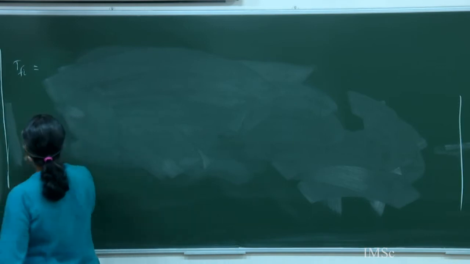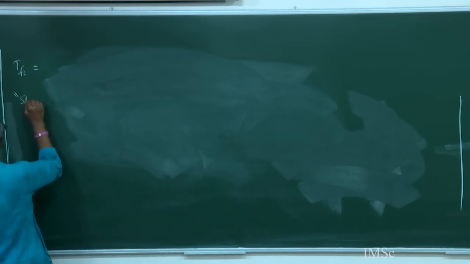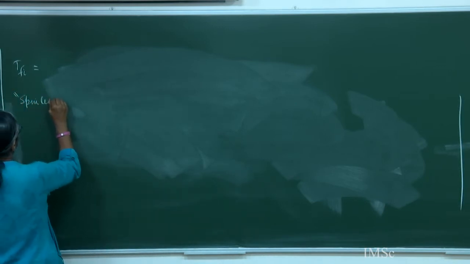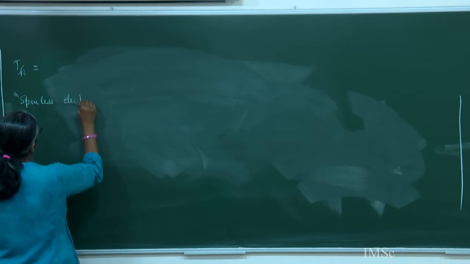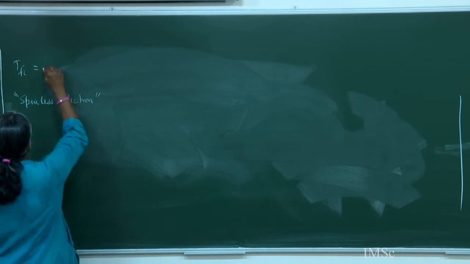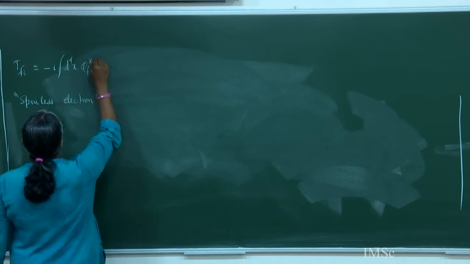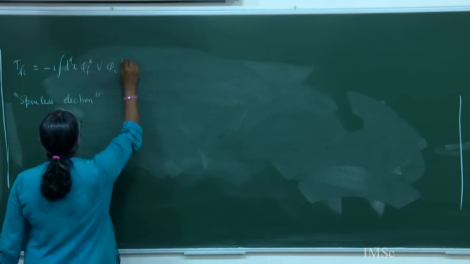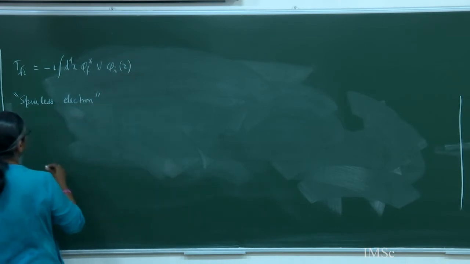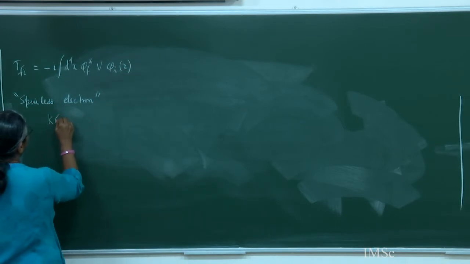So what we had started was a spinless electron or some charged particle. And we started by writing the Klein-Gordon equation.